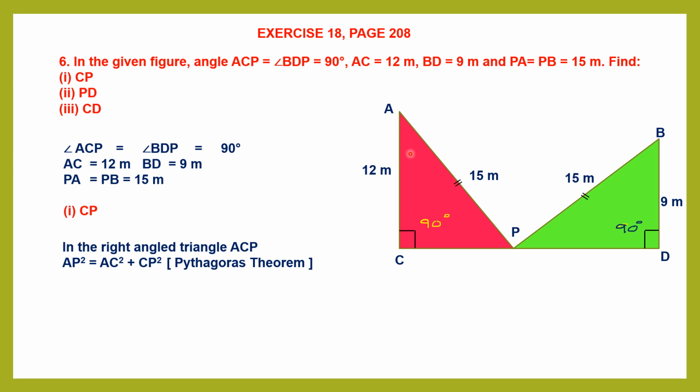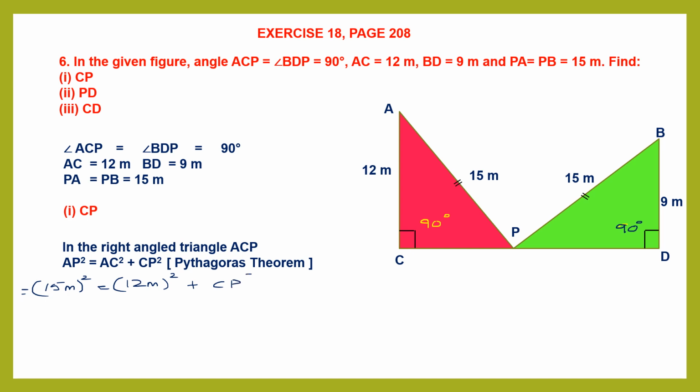Now what is AP? AP is here and the measurement is 15. That means 15 meter square. So let's write that. So this is equal to 15 meters and the whole thing square is equal to AC square. AC is 12 meters, 12 meter square plus CP square, which is what we are going to find out.